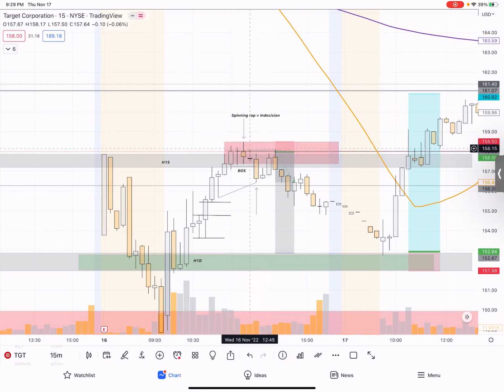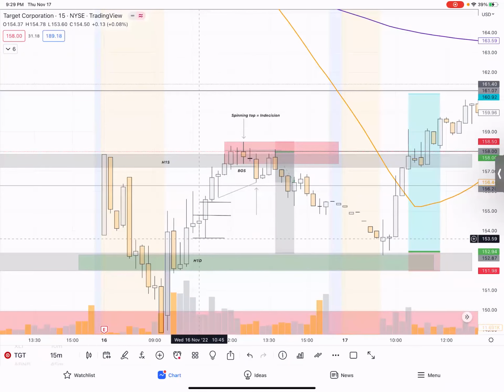So that's going to be the upper wick of the spinning top after it comes back into that point of interest. And the reason for price going back down is to target these equal lows or to fill in this imbalance.